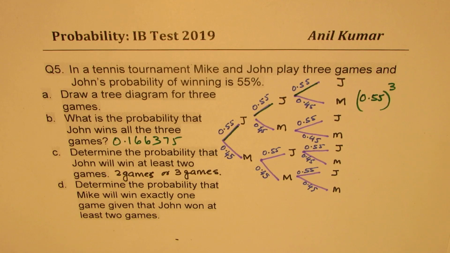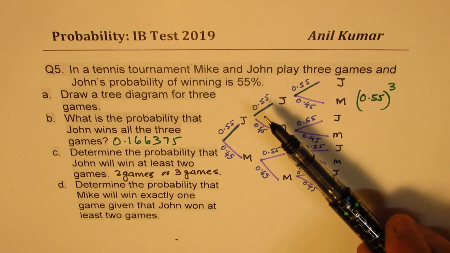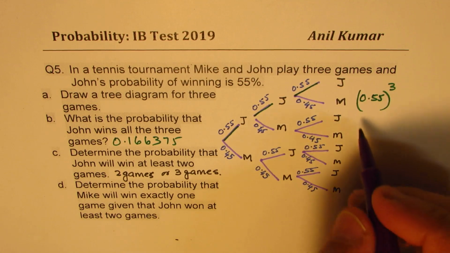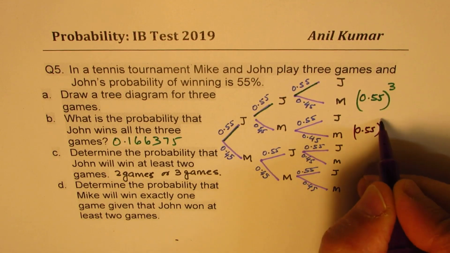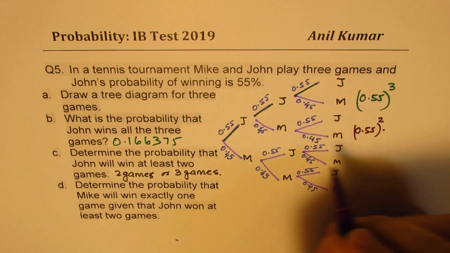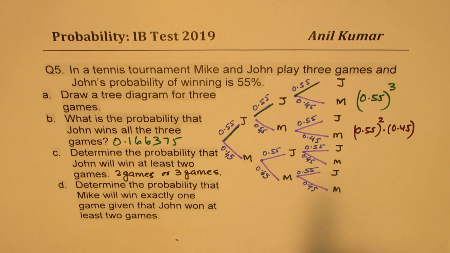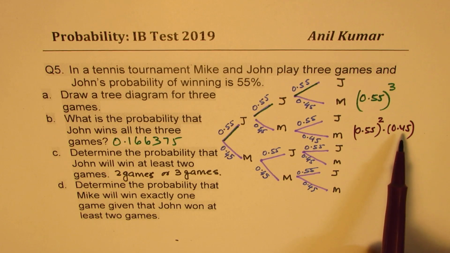Now for winning 2 games, the probability of John's win is 0.55. So it is 0.55 square times losing 1, which is 0.45. Correct? So that is winning 2 games and losing 1 game.